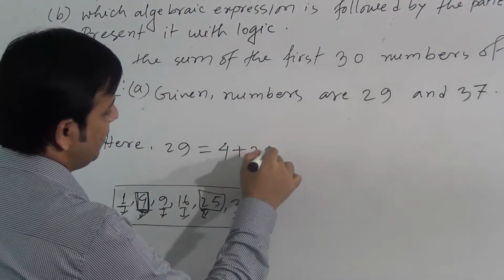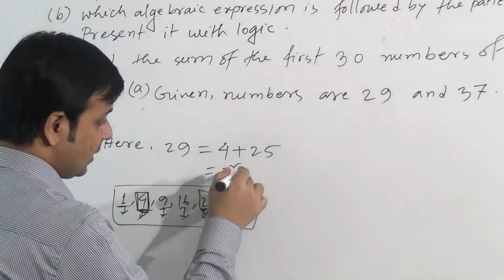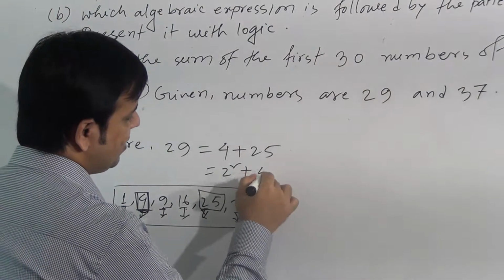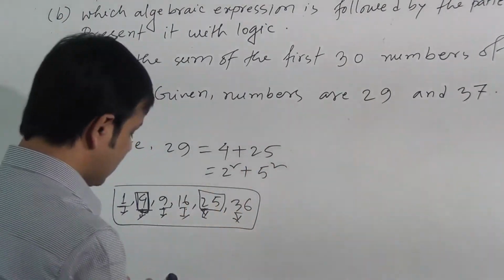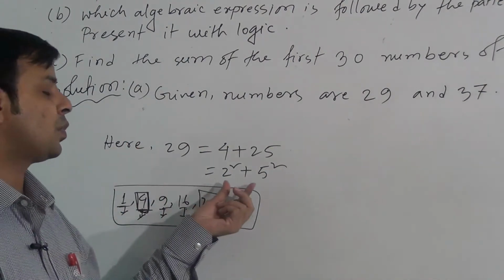So you can write here 4 and 25. Now 4 means 2 square, as this is a perfect square of 2. Now 25 means 5 square. So I have expressed 29 as the sum of 2 squares.